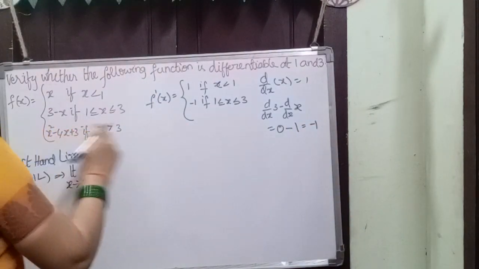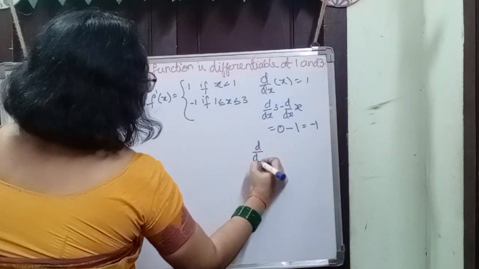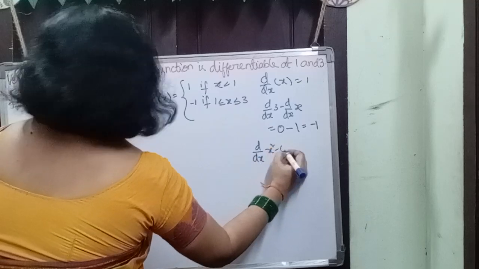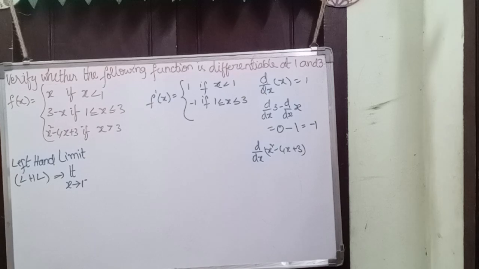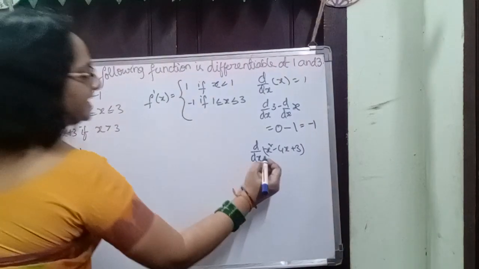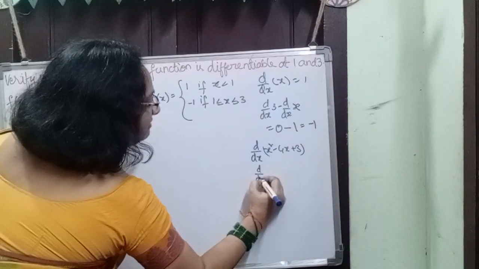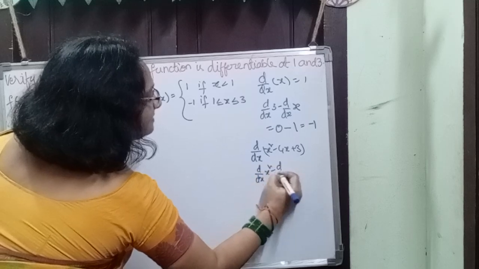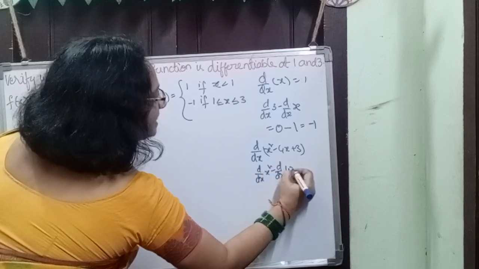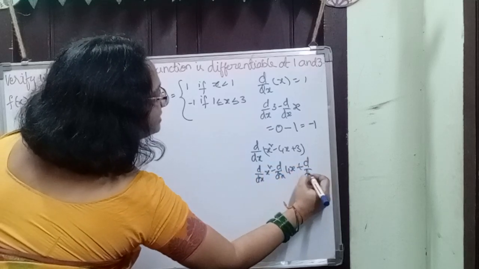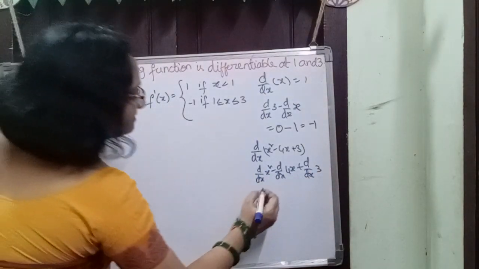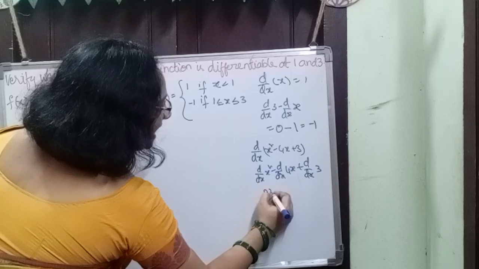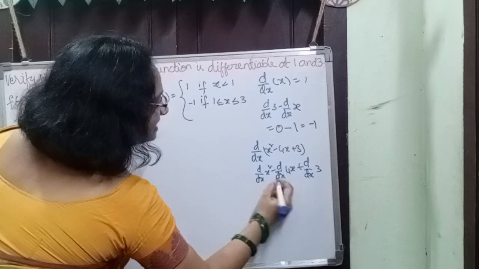Next, coming to this function, d by dx of x square minus 4x plus 3. This is d by dx of x square minus d by dx of 4x plus d by dx of 3. Here you will get n times x power n minus 1, that is 2x, since 2 minus 1 is 1.